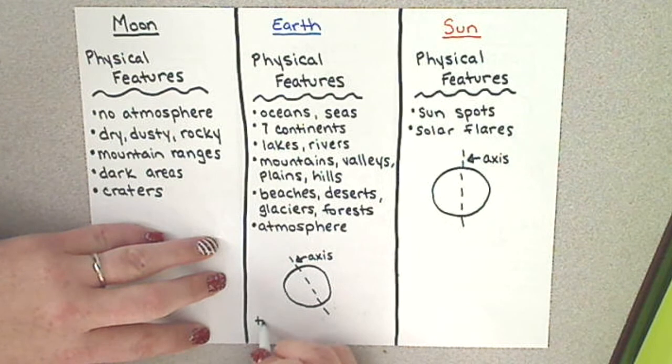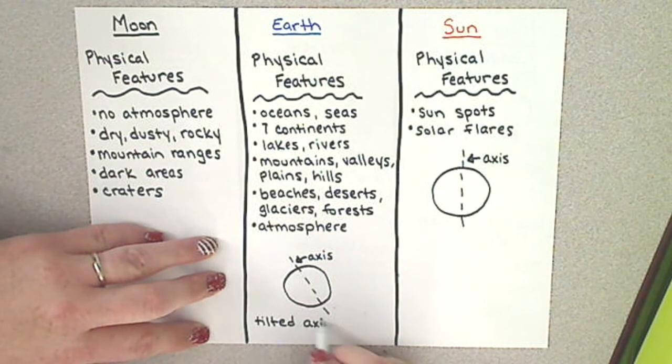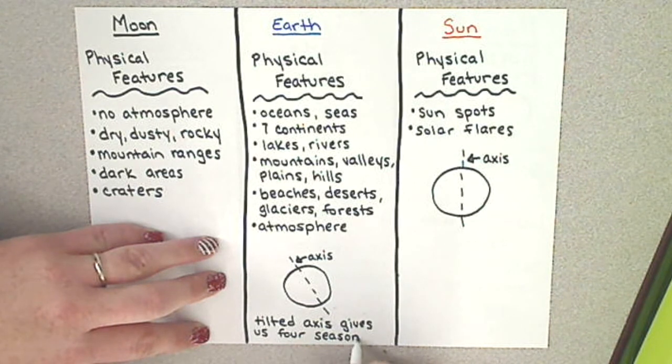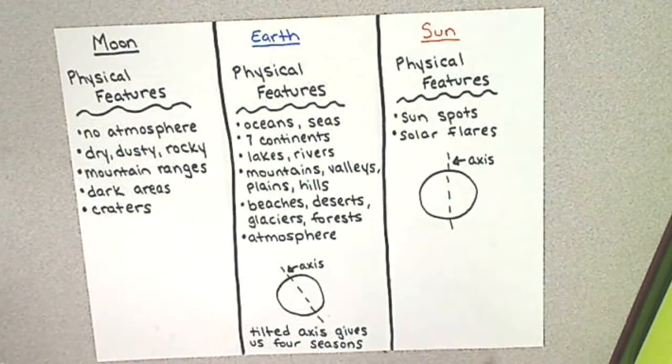So we'll say tilted axis gives us 4 seasons. Okay. And we actually need to go over that as well, but that's going to be in a different video.